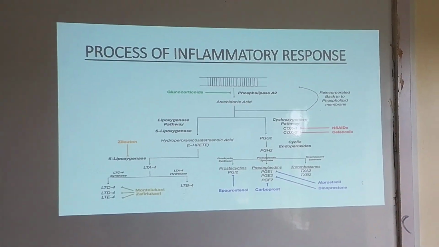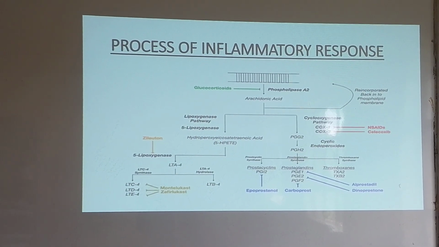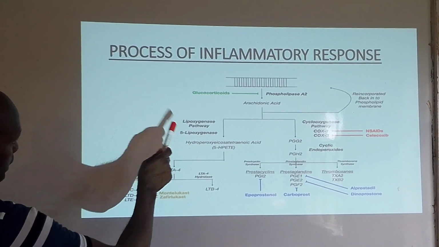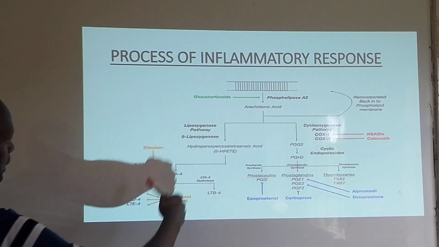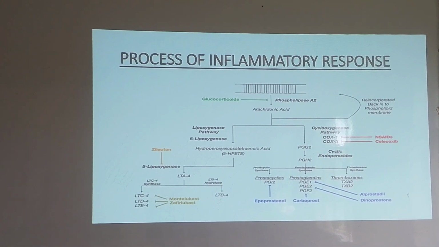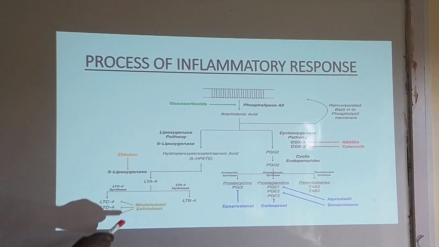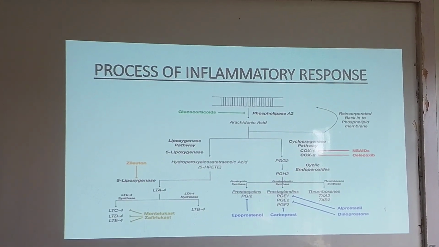So we are saying that when we take the lipoxygenase pathway, this enzyme will convert arachidonic acid into LTA4, that is leukotriene A4. And then these two enzymes can act on this substrate here.